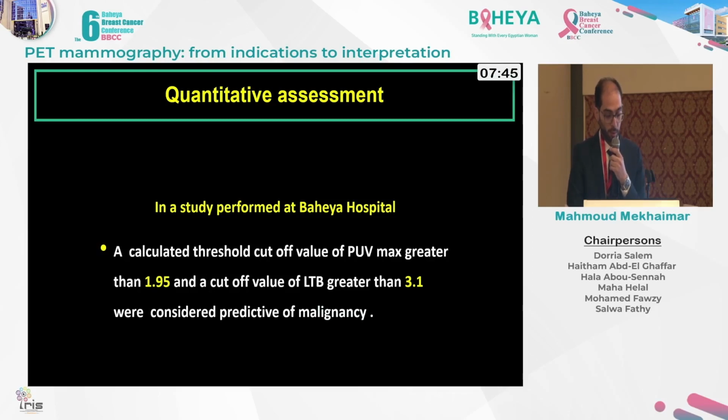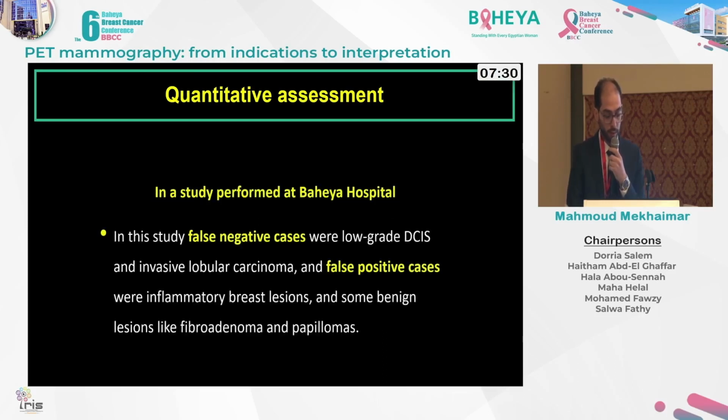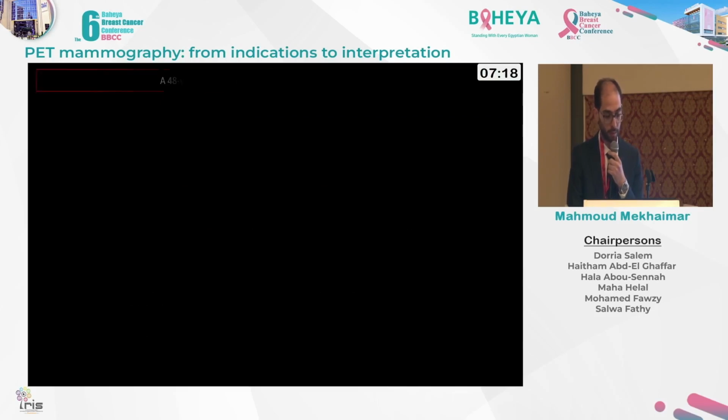In a study performed at Baheya Hospital, a calculated threshold cutoff value of SUV max more than 1.95 and cutoff value of LTB more than 3.1 were considered predictive of malignancy. Also, false negative cases were low-grade DCIS and invasive lobular carcinoma, while false positive cases were inflammatory breast lesions and benign lesions like fibroadenoma and papilloma.